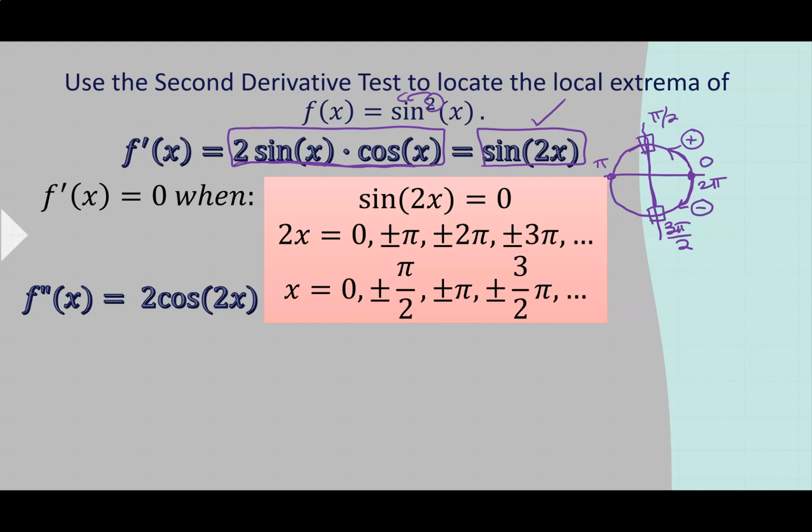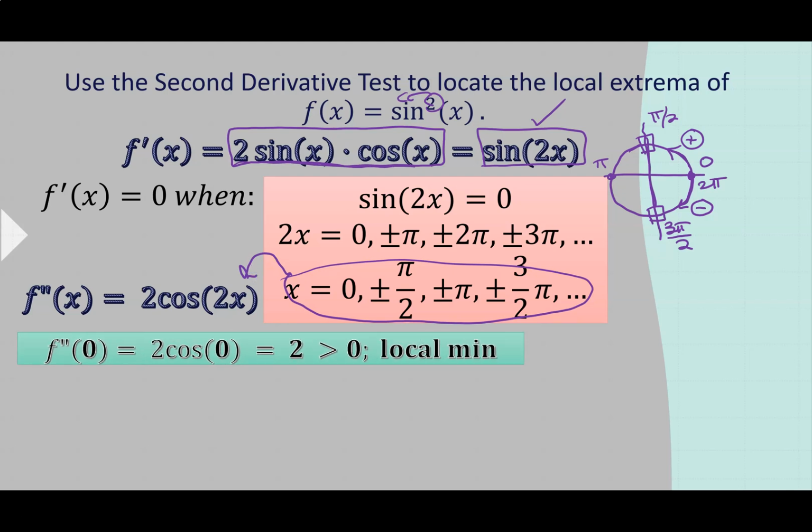Okay, so how are we going to use the second derivative test to find our relative max and min? We're going to plug these critical values into the second derivative. So the second derivative evaluated at 0 is 2, and 2 is greater than 0, so we have a curve that opens up like that, and that gives you a local minimum.